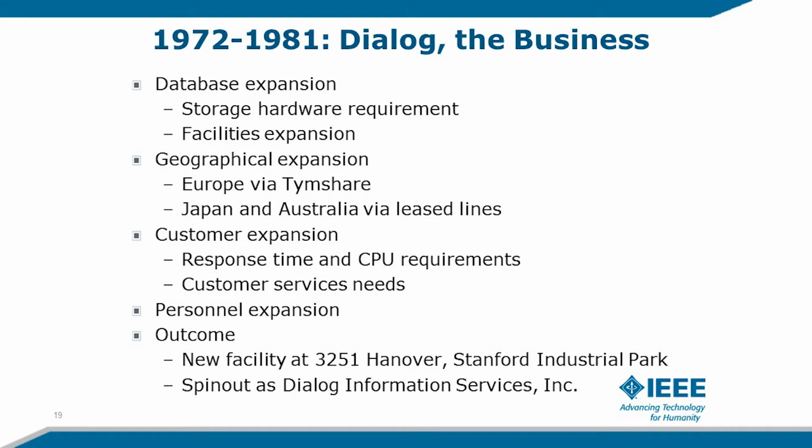The outcome was the new facility at 3251 Hanover, and we stayed in the industrial park. The facilities people at Lockheed said, when we were talking about getting new facilities, "Oh yeah, we have some great property down in South San Jose, very cheap rent." Well, one of the philosophies I had, I always wanted a facility that people would rather work in than be at home if possible, or at least be equally comfortable working in.